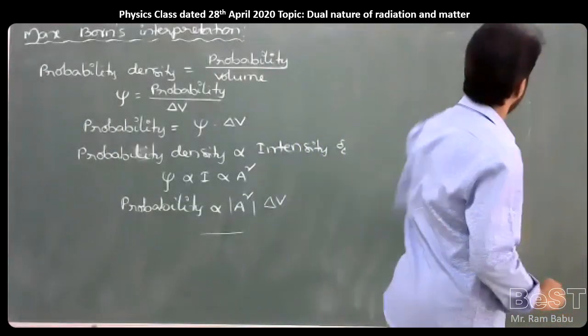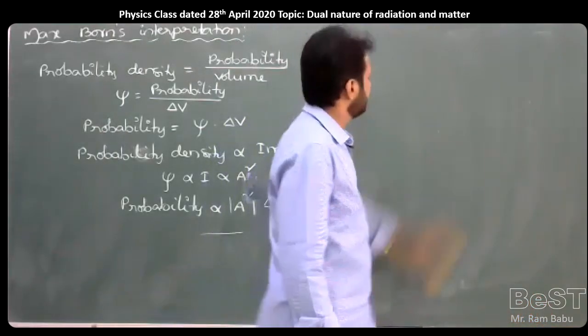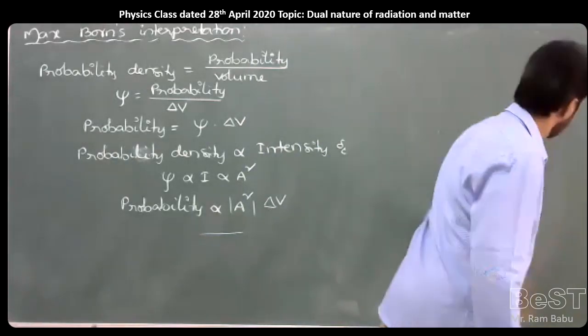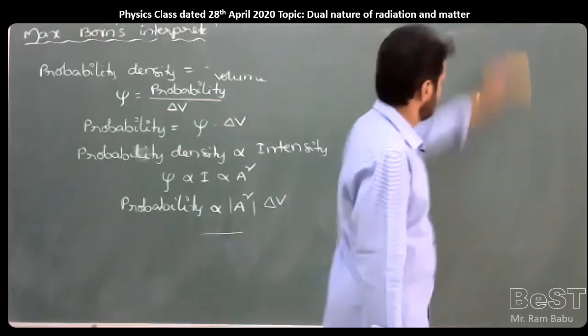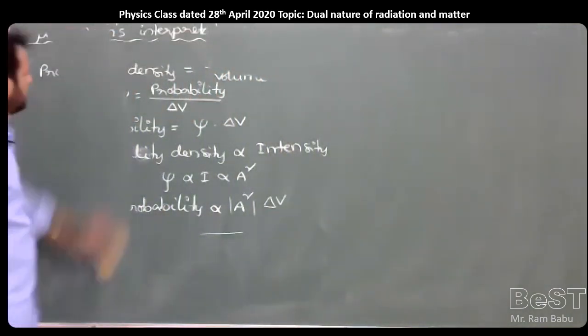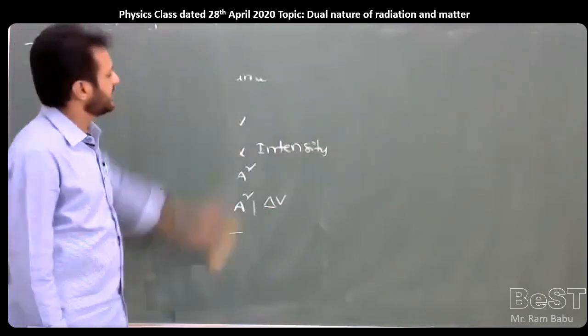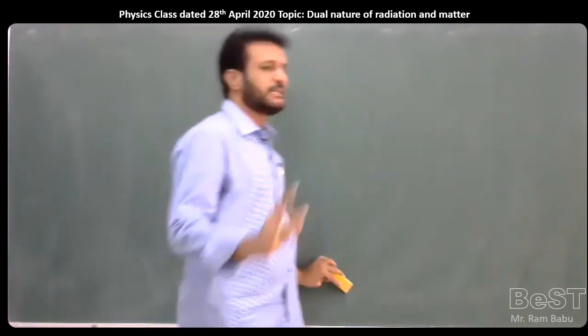One more point: if the intensity of the wave is a maximum, then the probability of finding the particle at that point is a maximum, and vice versa.